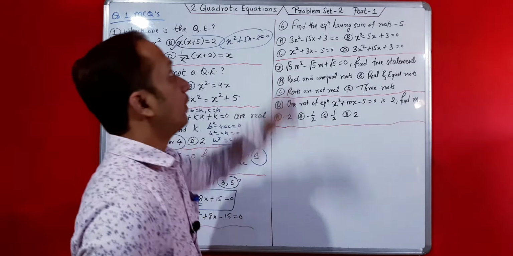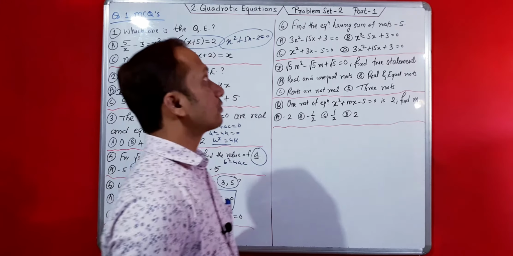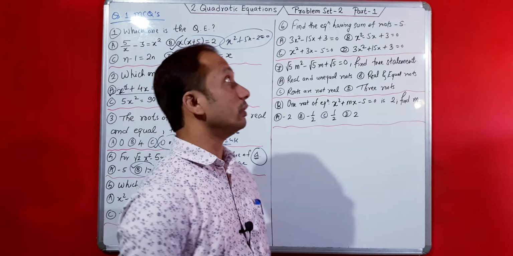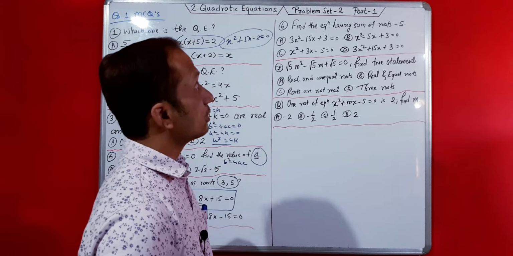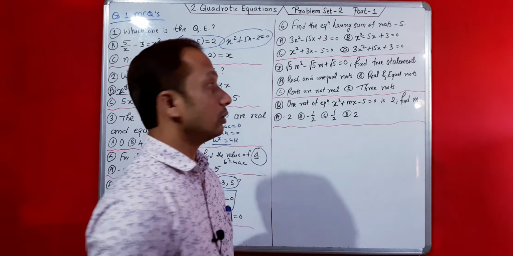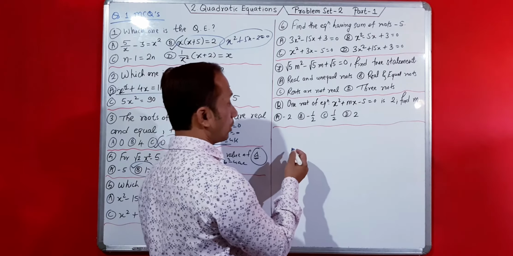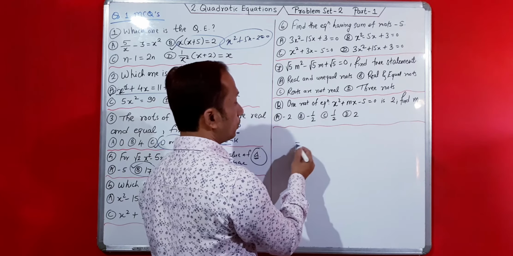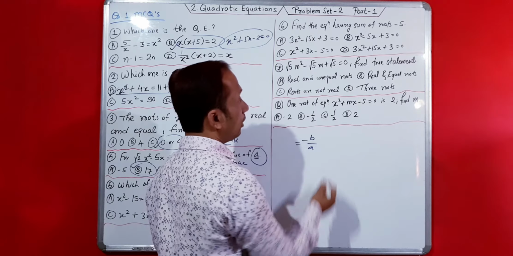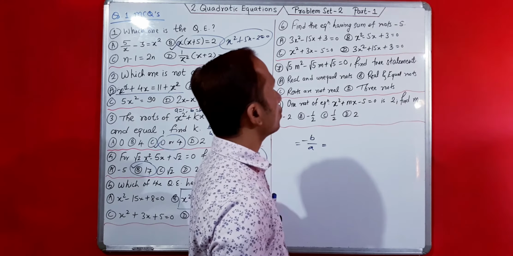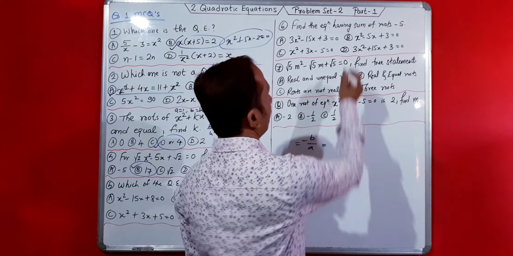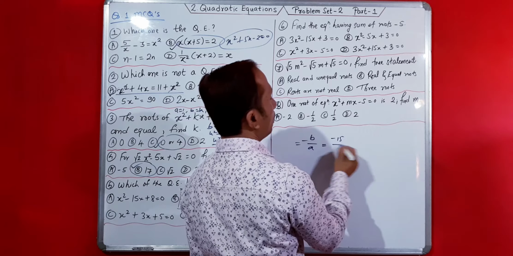Okay, find the equation having sum of roots minus 5. For this purpose you need to find the equation which has the sum minus 5. So the sum of roots, you know, is equal to minus b upon a. So just put the value of minus b, suppose minus 15, and a, suppose 3.